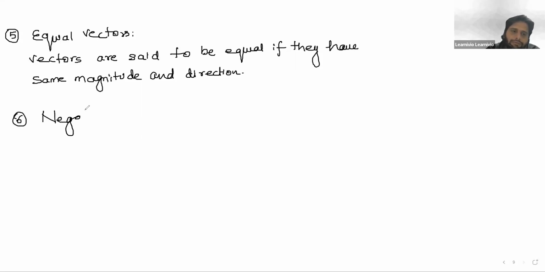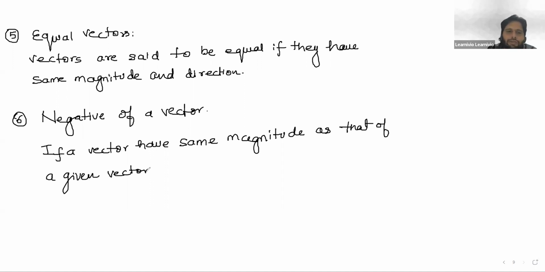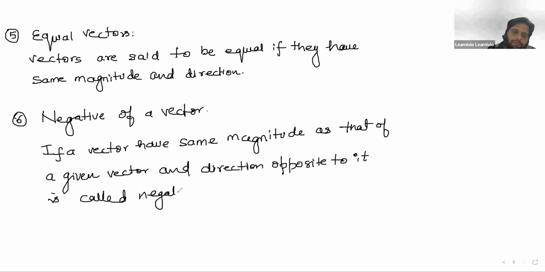Last is the negative of a vector. If a vector has the same magnitude as that of a given vector and direction opposite to it, then it is called the negative of the given vector.